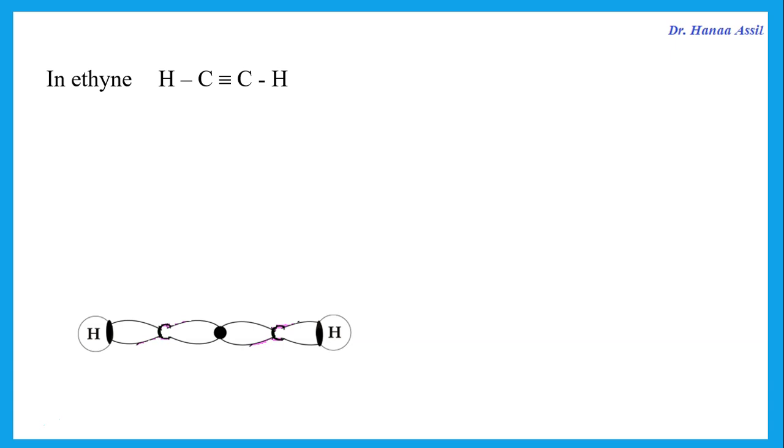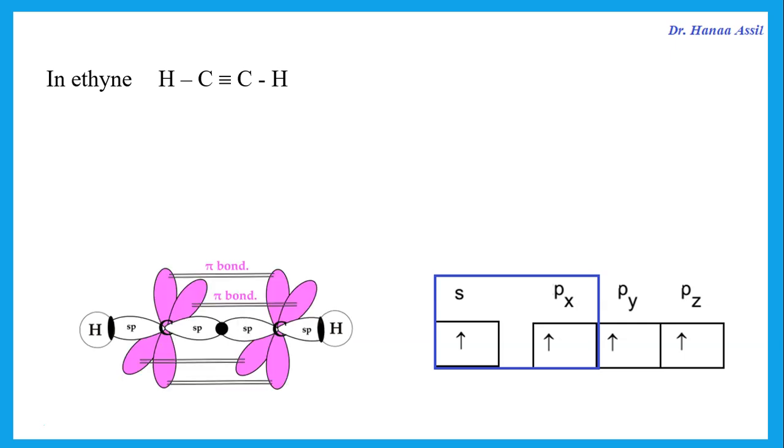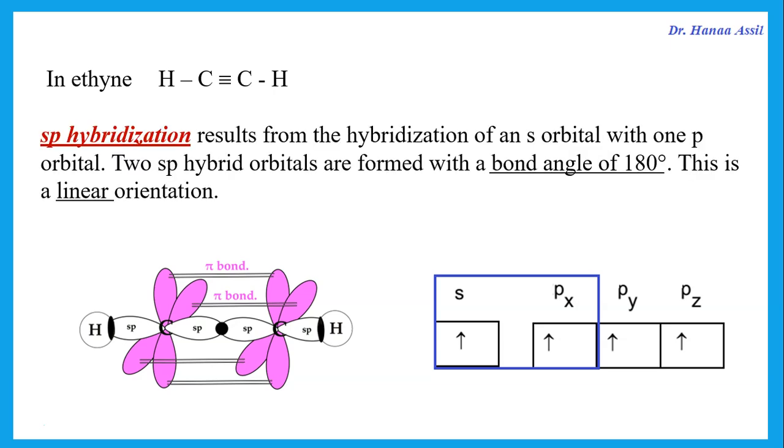So when we're looking at the hybrid orbitals, I need 2 of these electrons. That means I'm going to take the s and 1 of the p's, so that is an sp hybridization, and that means I still have 2 electrons in the other 2 p orbitals that each of them will overlap with the corresponding one from the other carbon to form a pi bond.